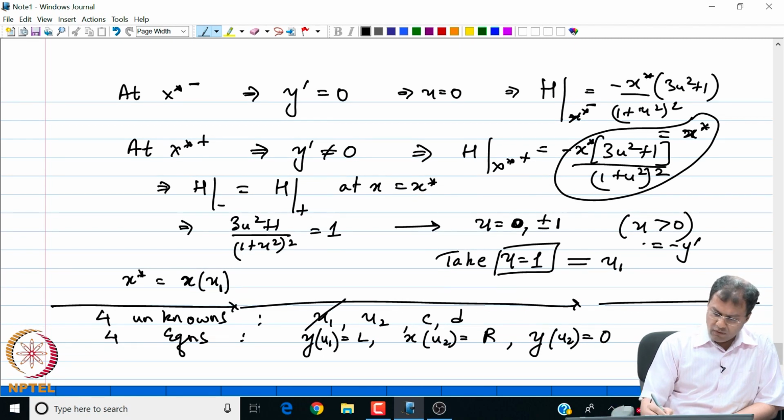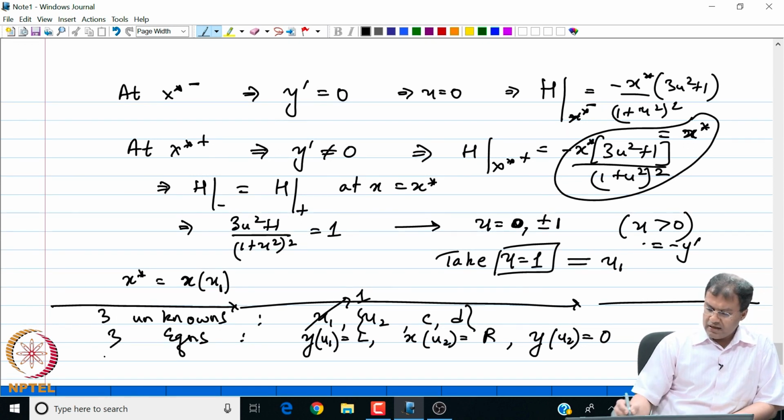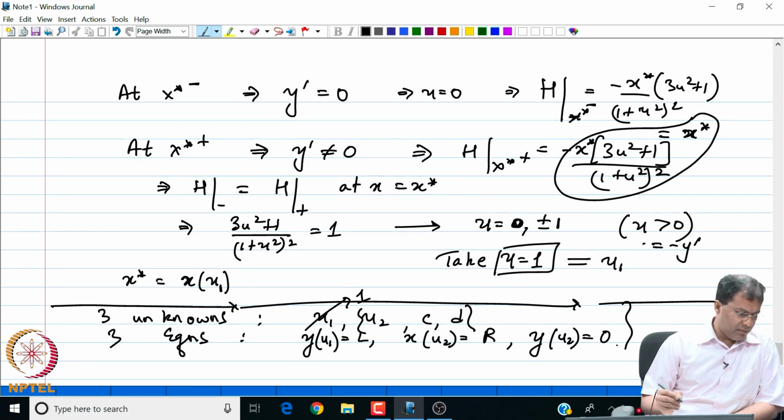Well, I already know that u1 is 1. So we have three unknowns and three equations, and hence the system is fully determinable.